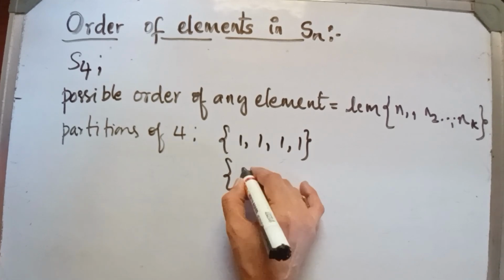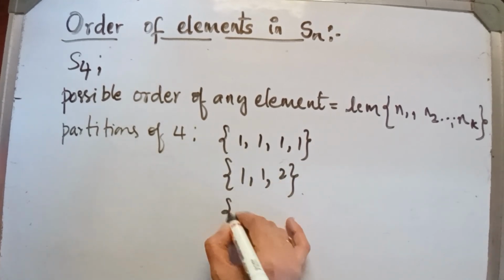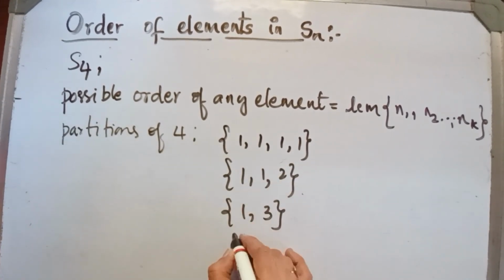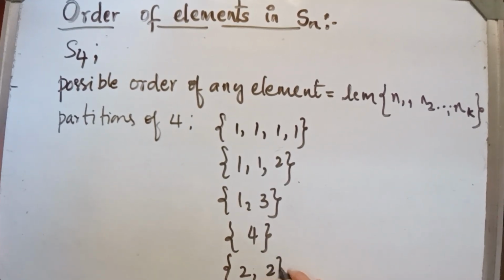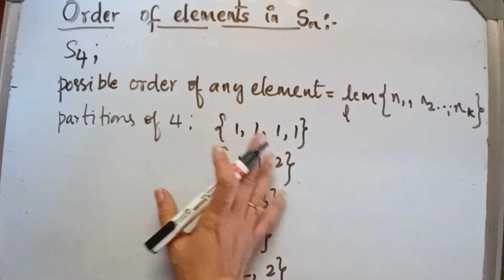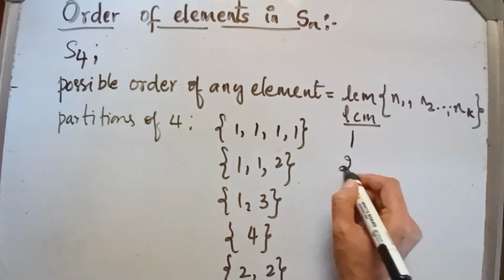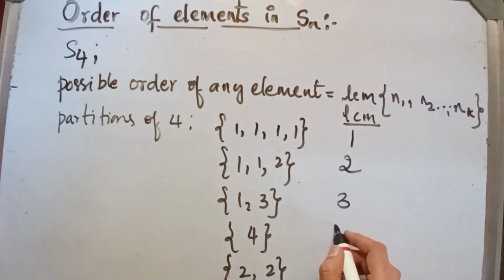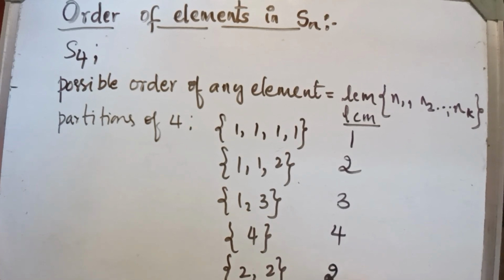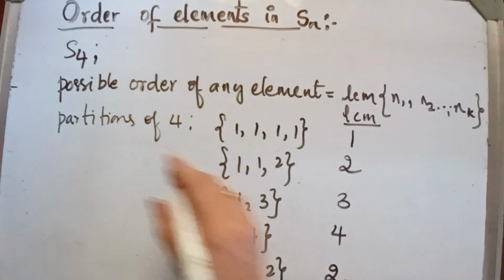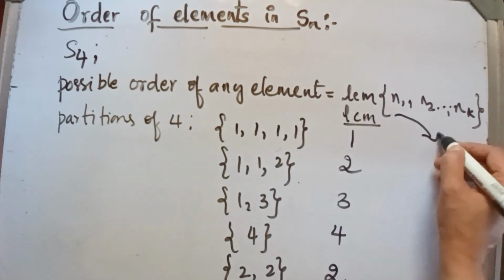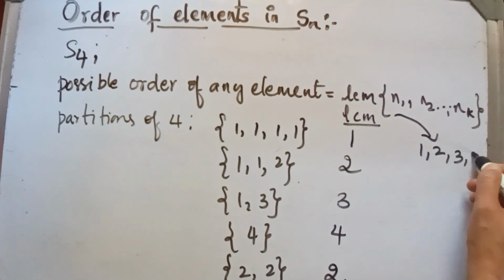The first partition is 1,1,2, then 1,3, adding these two, 1 plus 3 is 4, then 4 itself, and one more is 2,2 by adding these two together. These are the cycle decompositions. They are nothing but partitions of 4. Now take the LCM: here the LCM is 1, here 2, here 3, the LCM of these numbers is 4, and here the LCM is 2. Correct. Therefore, the possible orders of any element are 1, 2, 3, 4.